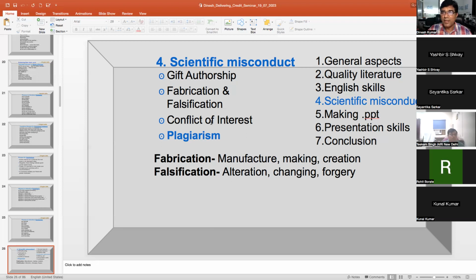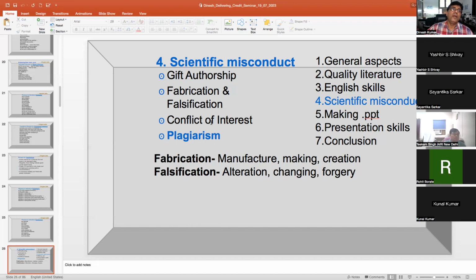Then he writes the paper and forgets to write the name of the chairperson. This is really not good, so here you have a conflict of interest. Similarly, a student has contributed and left, and the chairperson writes papers but does not give the student's name. That is also a conflict of interest.